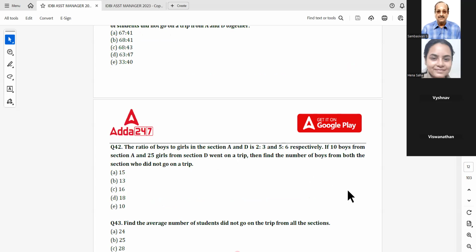Vaishnav, I have not noted down. Please tell me number of students in A. How many? Sir, number of students in A is 50. Section B 40. C 60. Then D 55. Correct.